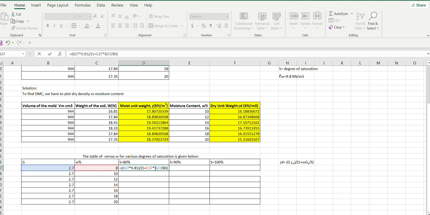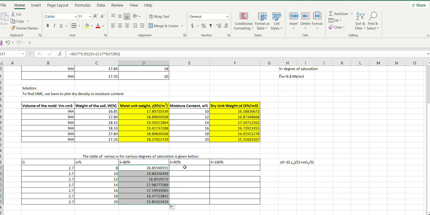Since both moisture content and degree of saturation are in percent, we don't have to change anything here. We can directly write 80. And to be extra sure, let me add another bracket here. So we have 20.885. So we can drag it here.